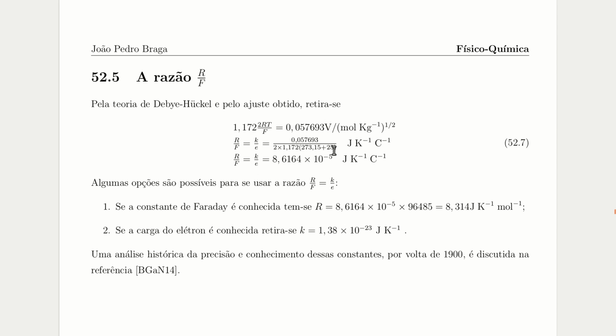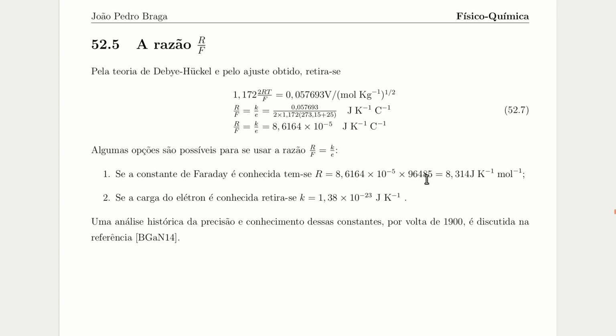under 25 degrees centigrade, a universal gas constant over Faraday constant, which is also equal to Boltzmann constant over electronic charge. I got 8.6, and this is a very good result. Suppose I knew the Faraday constant, I got R equals that.